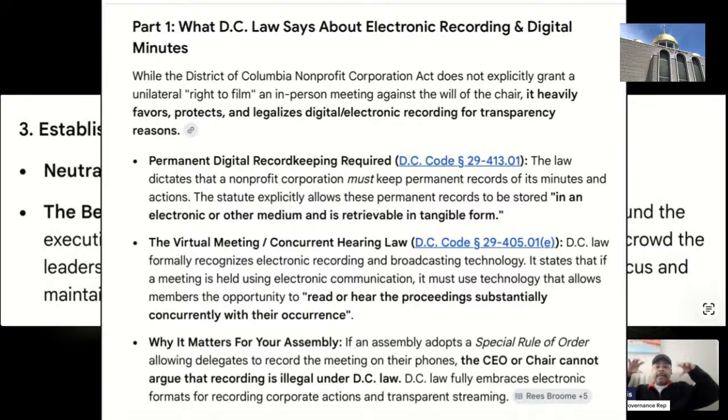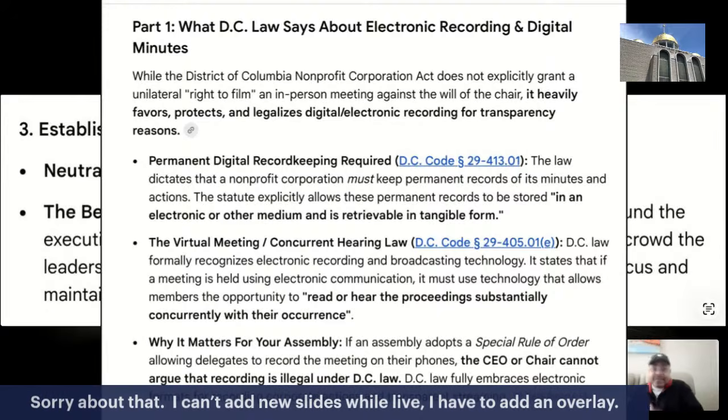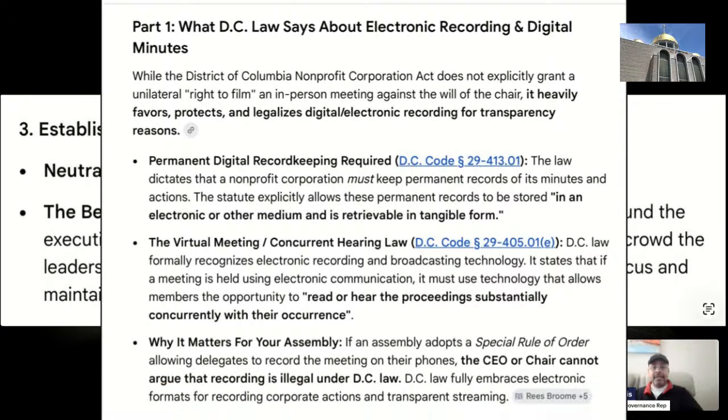But in the event that a situation comes up, it does protect and it favors, while legalizing digital electronic recording for transparency reasons. Now, again, we have that page in the background.